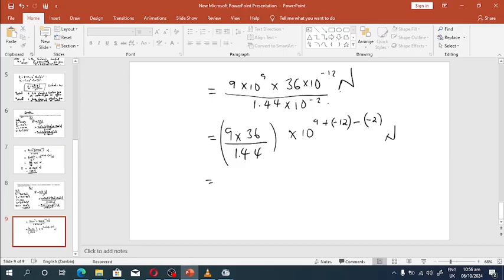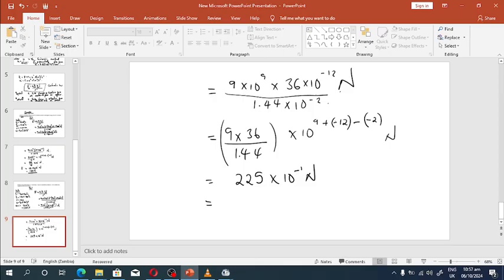If we multiply 9 times 36, we get 324. Then we divide that answer by 1.44. This gives us 225, then times 10 to the power 9 minus 12 plus 2, giving us negative 1.